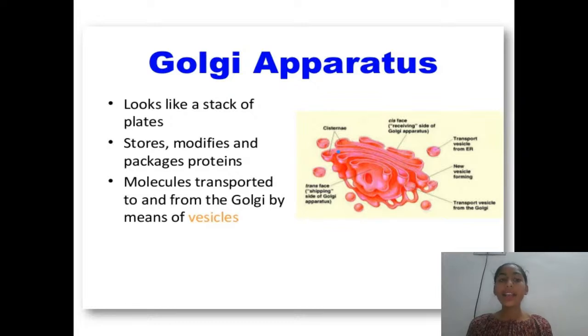It modifies and packages proteins. Molecules are transported to and from the Golgi by means of vesicles. These round things at the end are called vesicles. So the molecules are transported to and from the Golgi apparatus by means of vesicles.